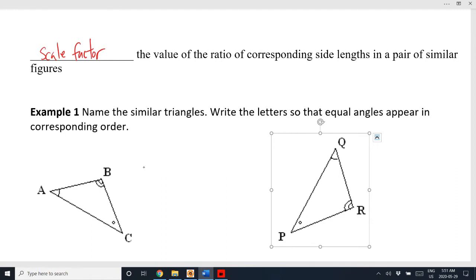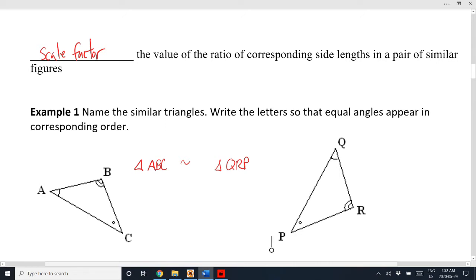If you look at angle A, from vertex A, we can see that this angle matches up with Q in our other triangle. Okay, so from this triangle, we'll say triangle, the A matches up with the Q. If we look at angle B here, that matches up with angle R. And angle C matches up with angle P. So triangle ABC is similar to triangle QRP.